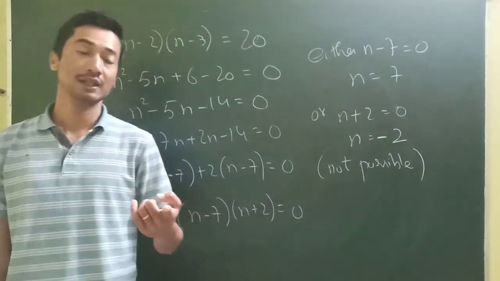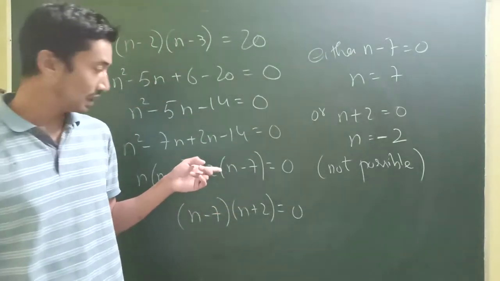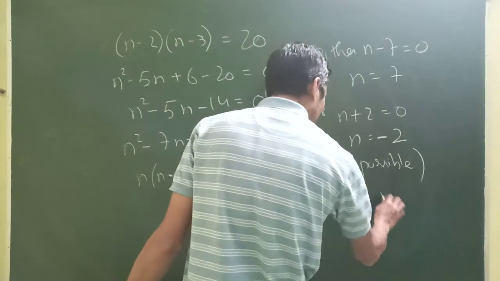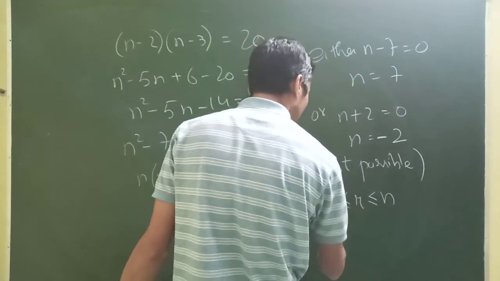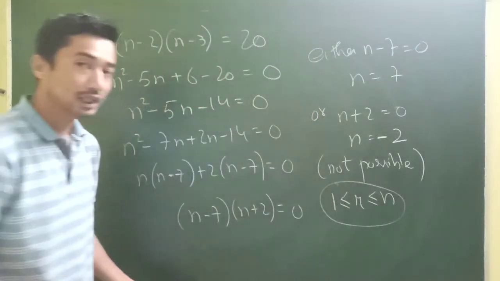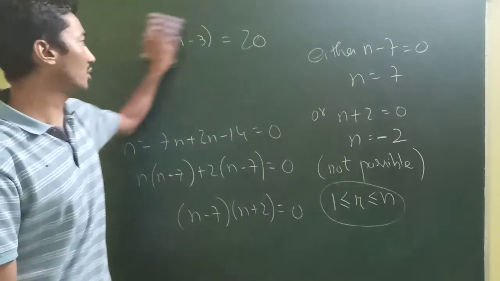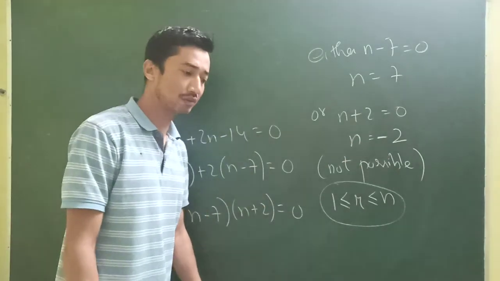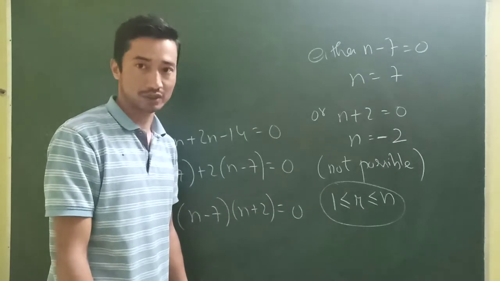You know why minus 2 is not possible? Well, that's what we were saying. You remember that condition, no? Because n should always be greater than or equal to r, and r should also be greater than or equal to 1. Mathematically, logically, the number of objects can never be negative or fractions. How can I have minus 2 tables? Possible or what?